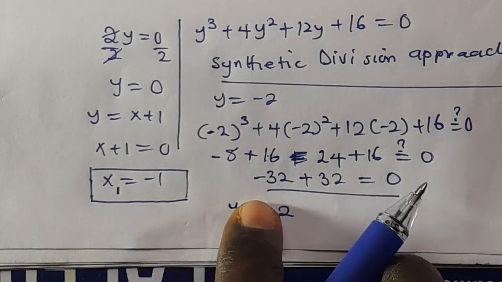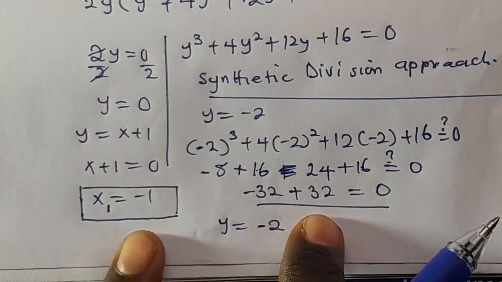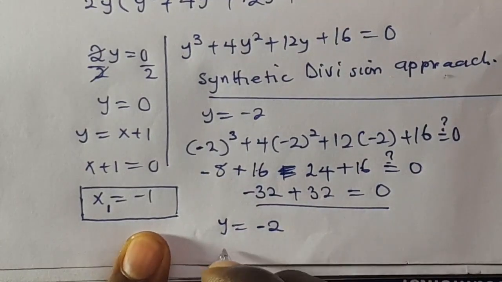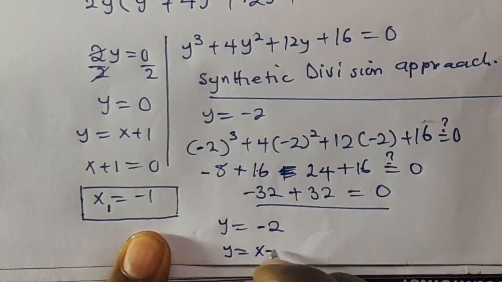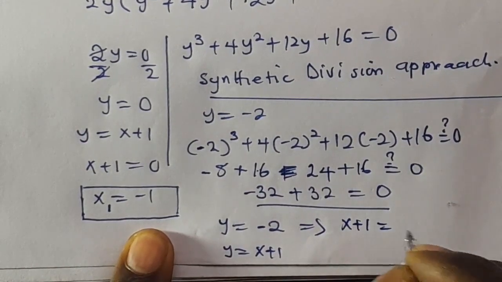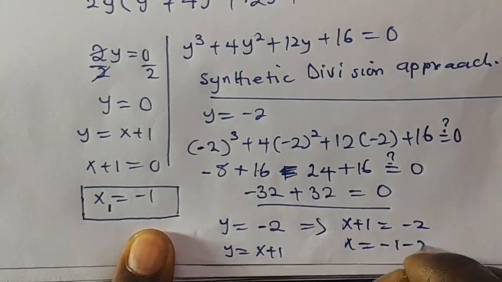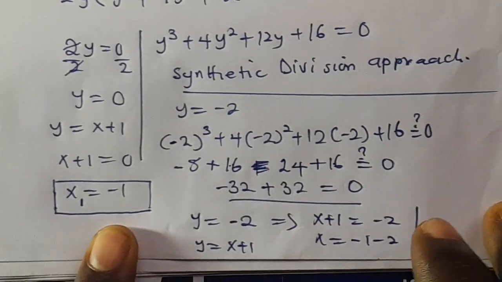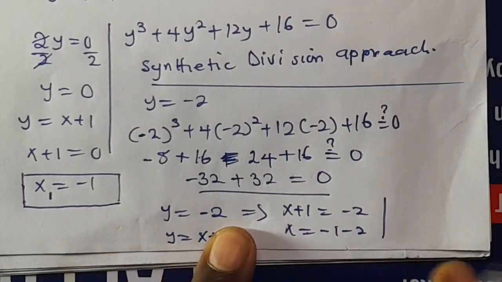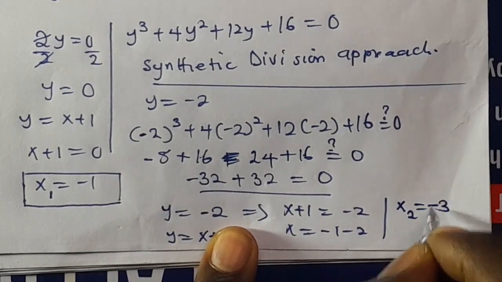But recall that we have our y equals x plus 1. So when we have y equals x plus 1, this implies that x plus 1 equals -2, and we have our x to be -1 minus 2, which means we have x2 equals -3.